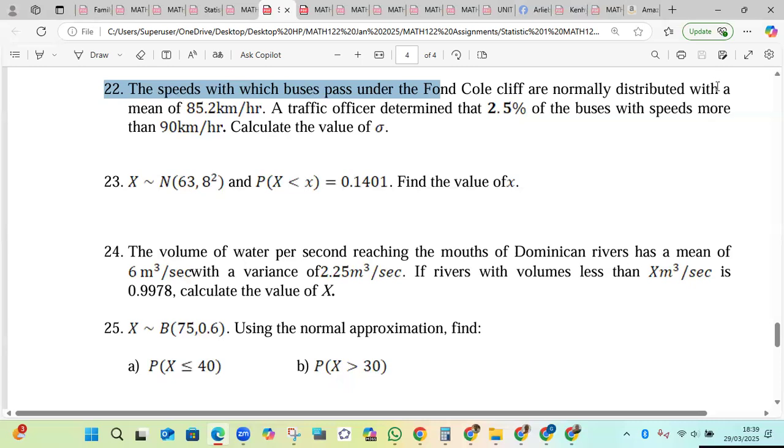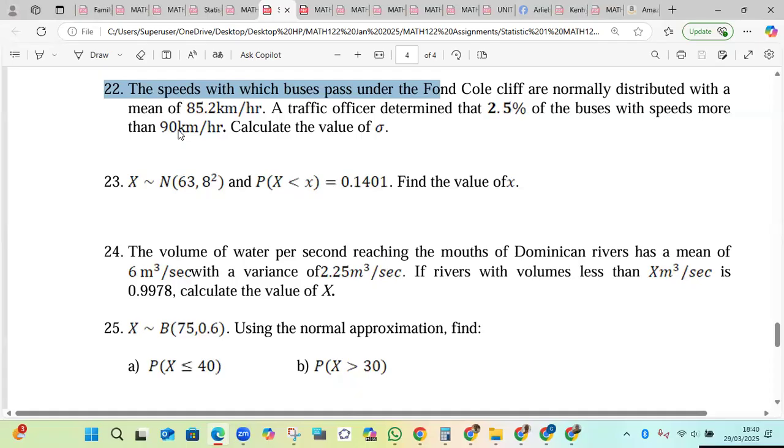We've got to shade towards the right because of the words more than. So therefore, this is a right tail because the probability value is less than 0.5, 0.025 to be exact. Plus we are shading towards the right, and already 90 is on the right.